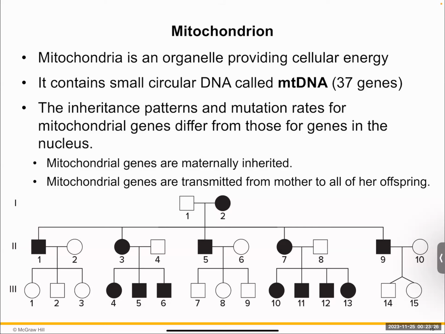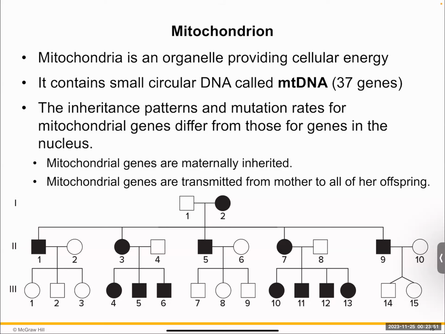It kind of makes sense. Now, the other component is that mitochondria has its own genetic information in the form of these little circular DNA called mitochondrial DNA or mtDNA. It's a combination of about 37 genes that are inherited only from the mother to the child.